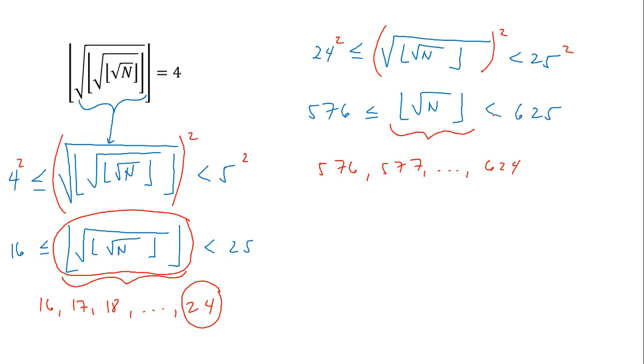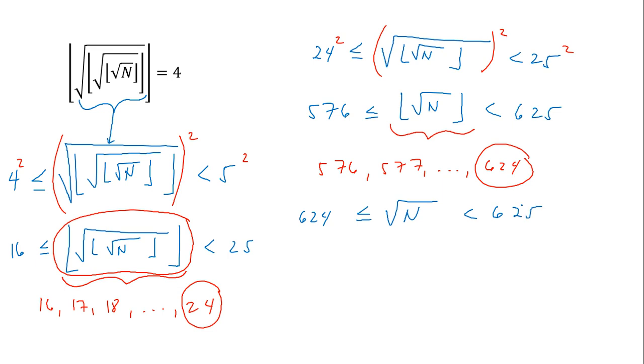Now again, we need to have the greatest value of n, so we choose 624 as the value of this quantity in the middle. So if 624 is the value of the floor of the square root of n, then it follows that the square root of n is greater than or equal to 624 but less than 625.